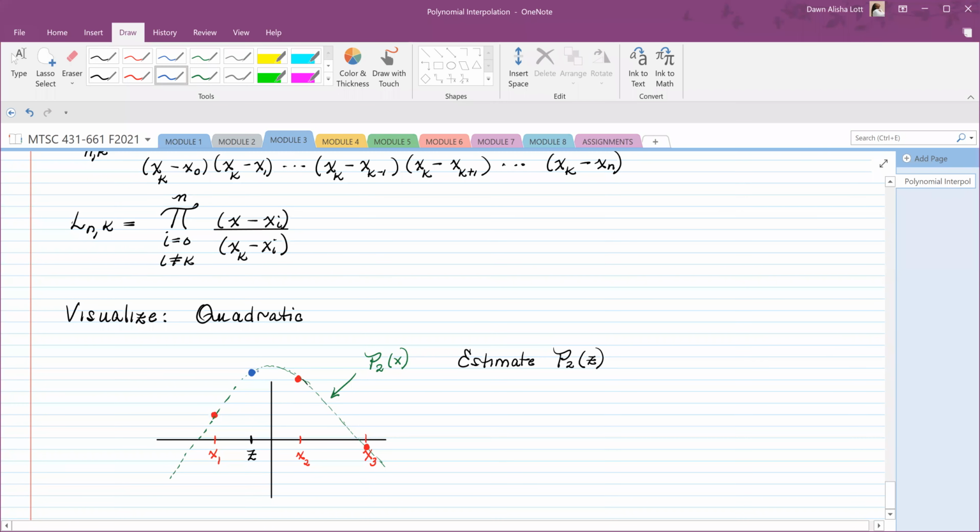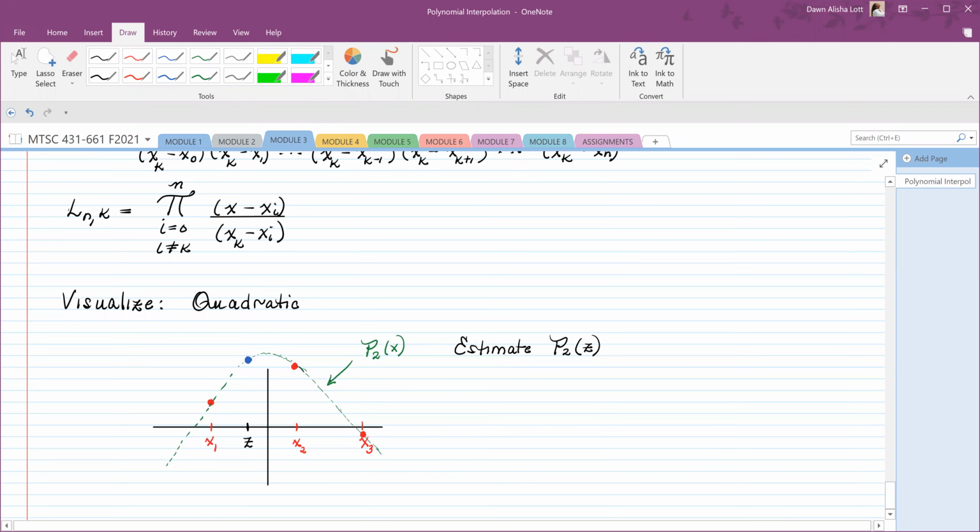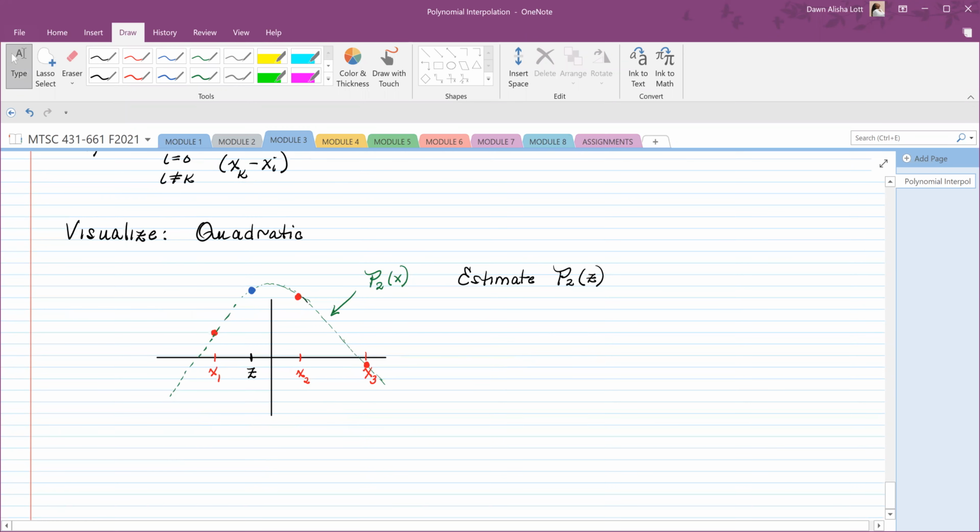I only knew the value at the other 3 points, so I created a quadratic interpolating polynomial going through them that I called P2. And now using P2, I can find the value of something in between x1 and x3.